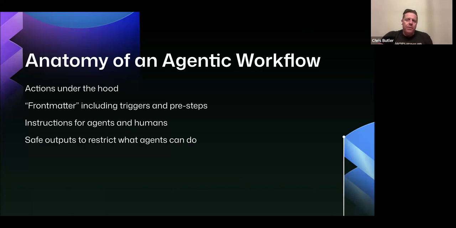And then finally, there's something I think is really important for agents operating within an enterprise space, which is this thing called safe outputs. Safe outputs are a way for you to restrict what exactly the agent can take action on. So you may want it to gather data from a repo, look at issues, but then you only want it to create a discussion post once per run, or you only want it to create a PR within that repo.